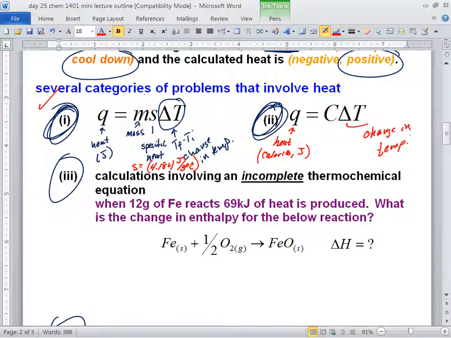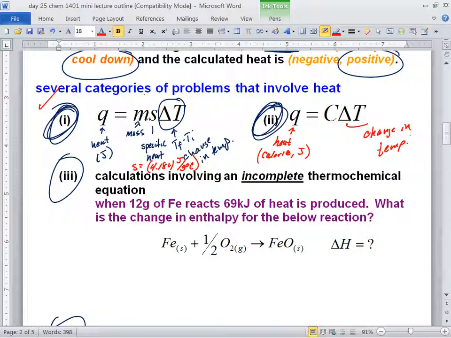So since both equations 1 and 2 are for some substance, right? How much heat is it going to take to warm this object up to 20 degrees? How much heat is this object going to release? S is the little parameter that you use for that object in equation 1. C is the parameter that you use for that object in equation 2.